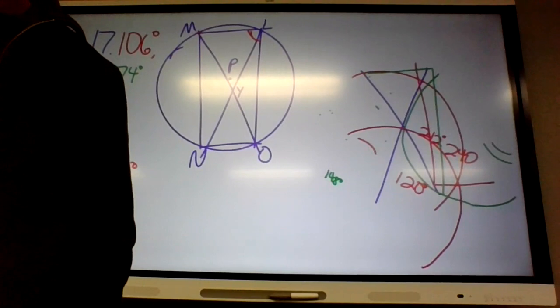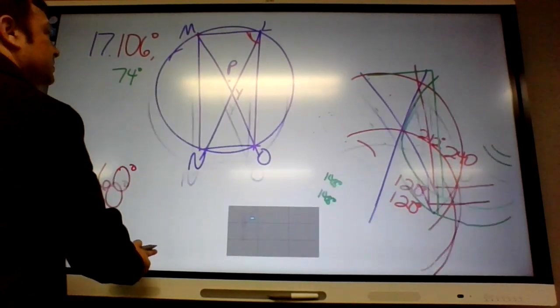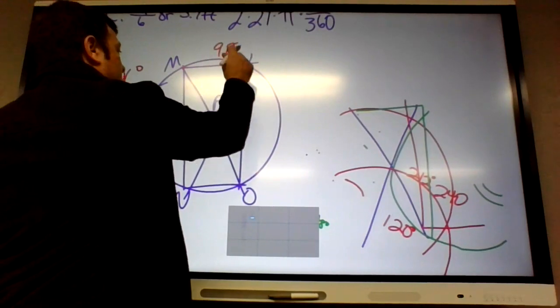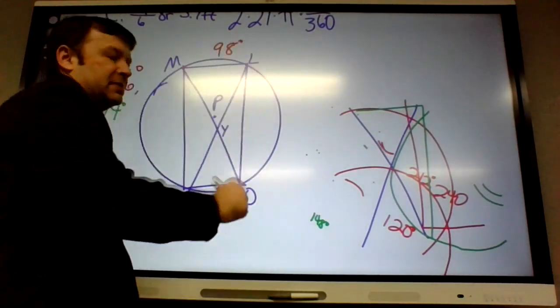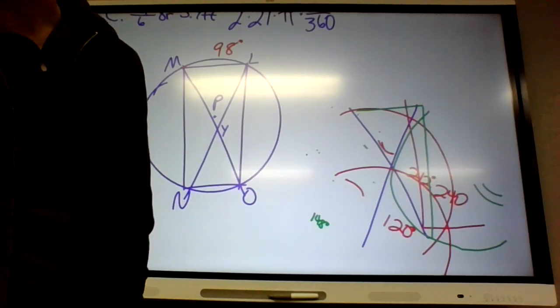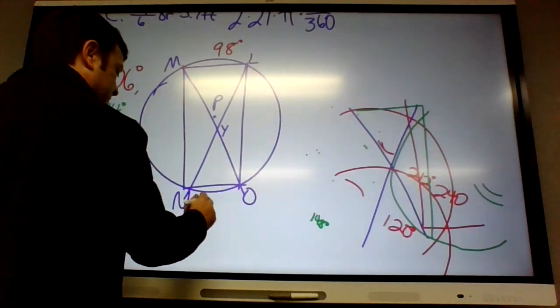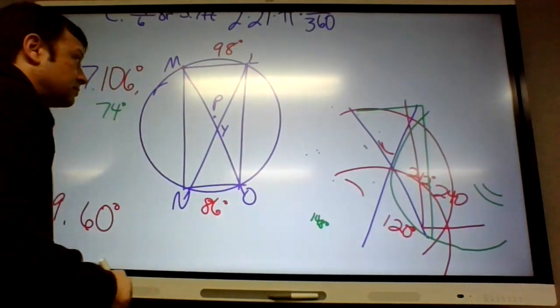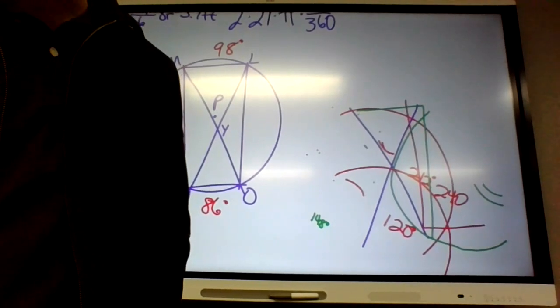Number 21, arc ML is 98. So 98 right there. Arc NO is 86. They're going to try to fool us here.